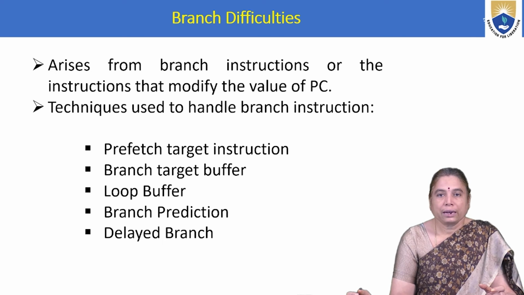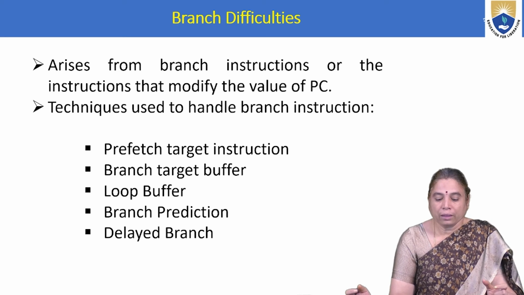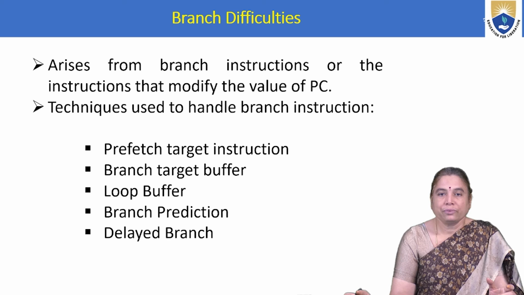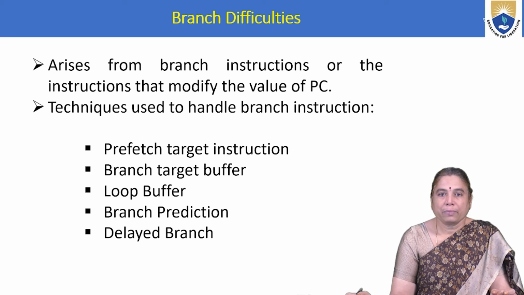Next, the branch target buffer is a hardware buffer used to store the return address from the branch location. Loop buffer is used to delay the shifting to the branch, and the return address can be stored in the buffer. Branch prediction predicts the branch occurrence, and the location can be stored in a separate buffer.